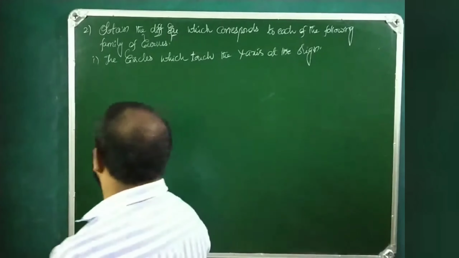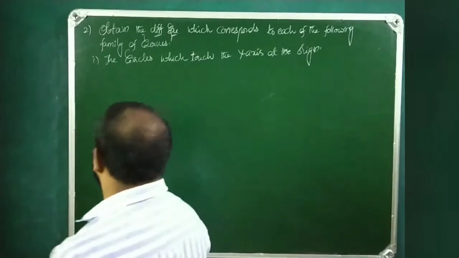So therefore y minus k whole square is equals to 4a into x minus h. So this is the equation given here. Y, x are the variables, k, h are the parameters. A is not a parameter here, it is a constant. Parameter and arbitrary constants are synonyms, but here a is a constant.